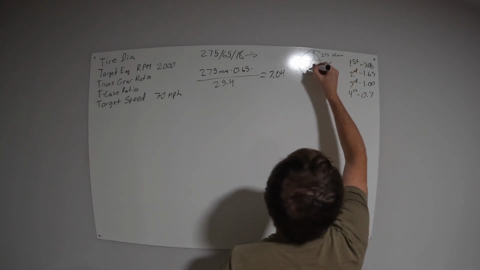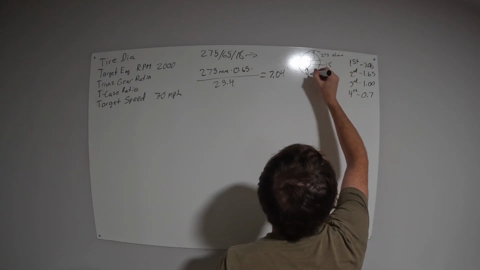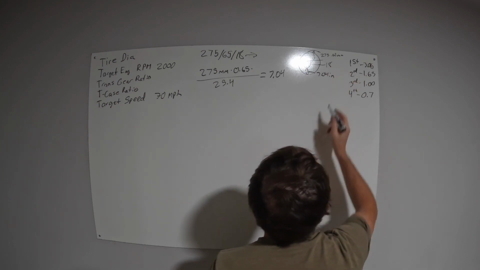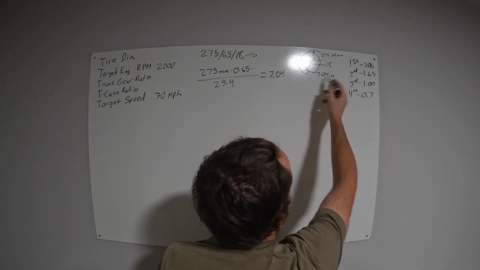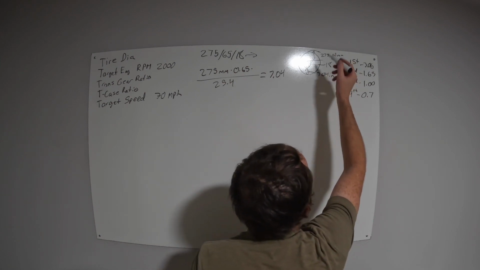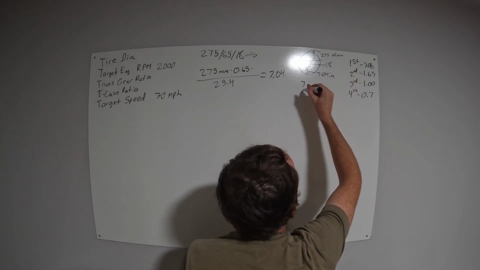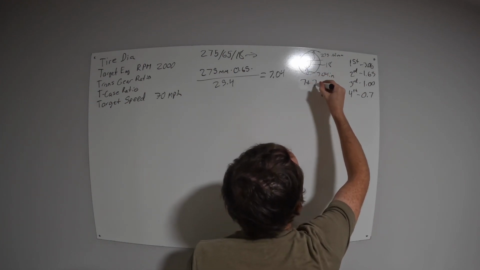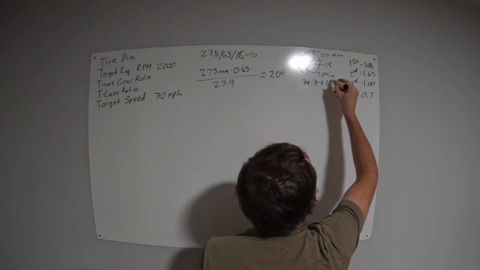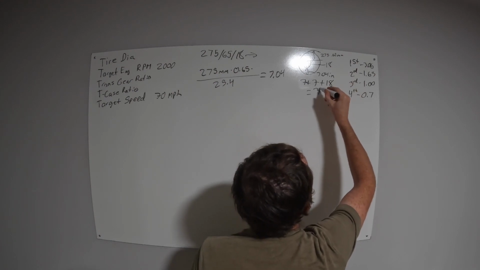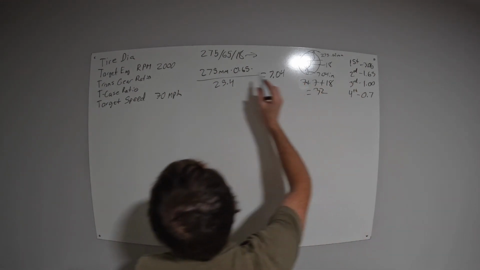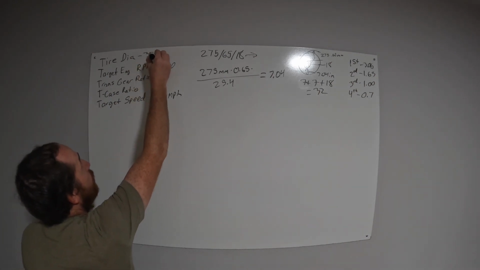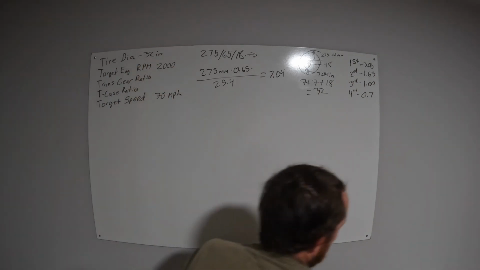If the height of one sidewall is 7.04 inches, we'll just call it 7. 7 plus 7 plus 18, oh holy moly, I can't write today. 7 plus 7 plus 18 is equal to 32. So our tire diameter is 32 inches.